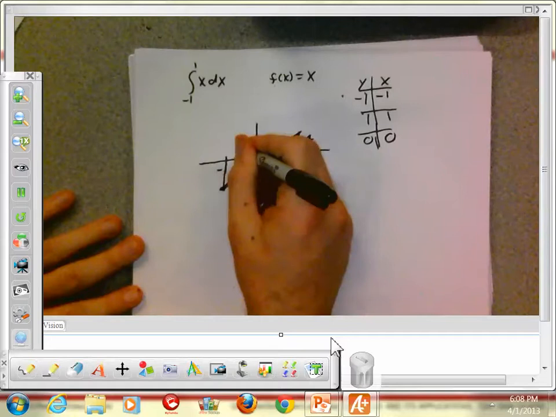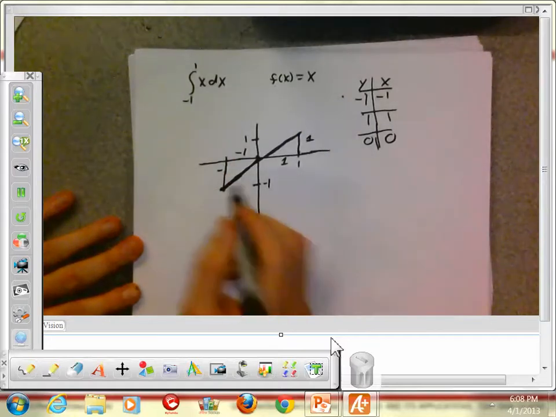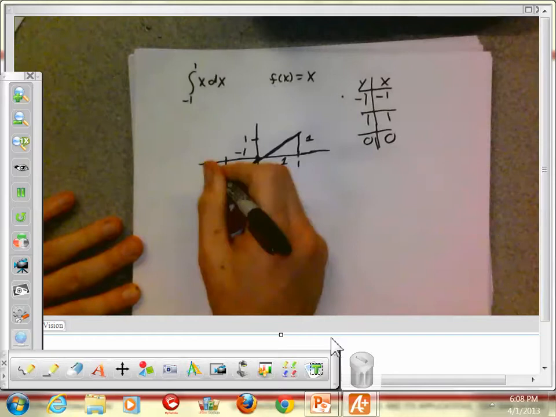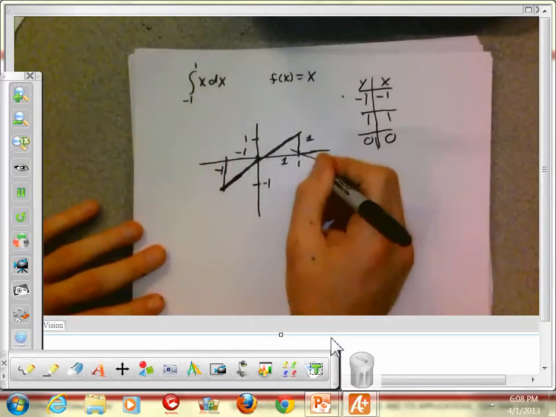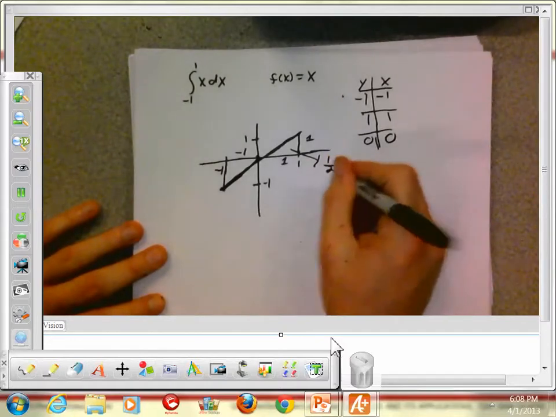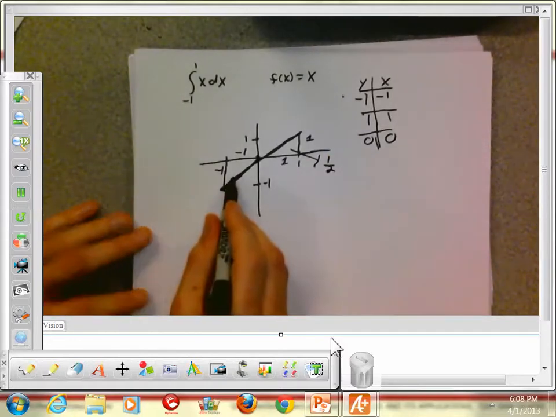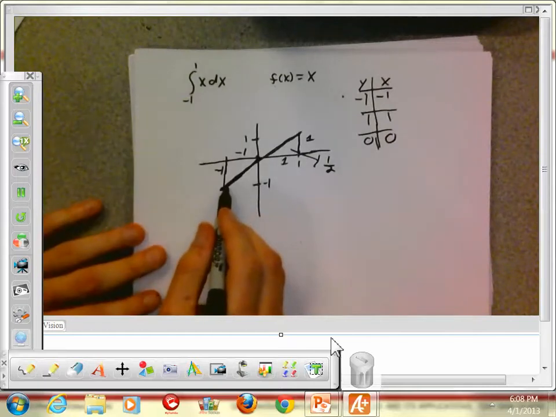And what's going to be the height of this triangle over here? -1, right? So the area of this triangle over here is going to be what? 1/2, right? It's going to be 1/2. And what is going to be the area of this triangle over here? Half.